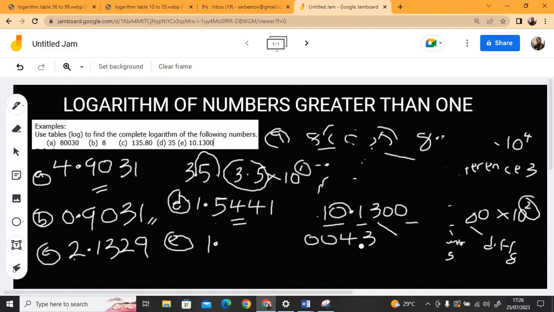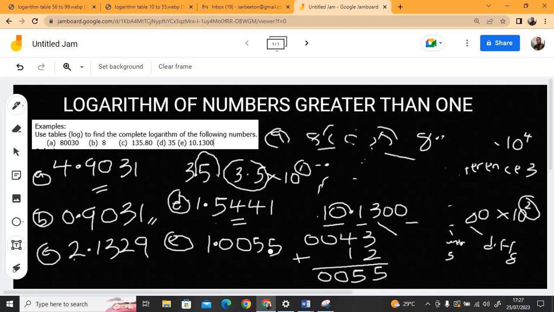When you add them up together, 3 plus 2 is 5, 4 plus 1 is 5, then you have 0 here and 0 here. So you write this at the back, that will be 0055. So that is it for logarithm of less than 1.